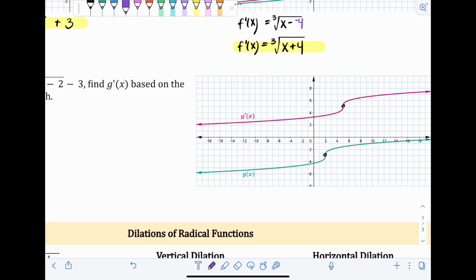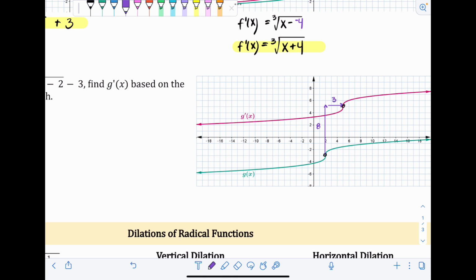And then we just want to count the change or figure out what change is happening to go from that point in g of x to g prime of x. And it looks like we're going from negative 3 on y up to a positive 5. So we're going up 8. And then we're going from 2 on the x over to 5 on the x. So we're going over 3 units.